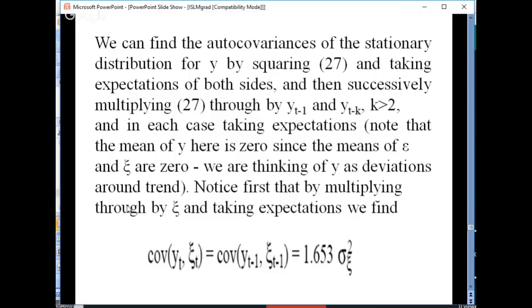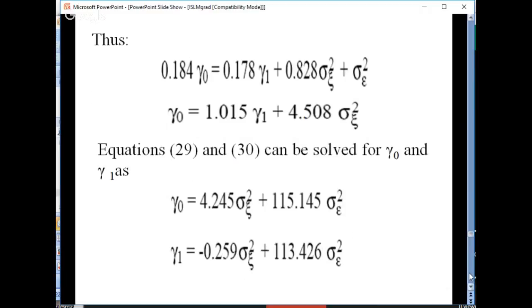Notice first that by multiplying by the squiggly line and taking the expectations, I find that the covariance of y_t with the squiggly line, the first error term, is equal to the covariance of y_{t-1} times the squiggly line, or 1.653 times the variance of that first error term in our investment equation. So I can do some eigenroots here.